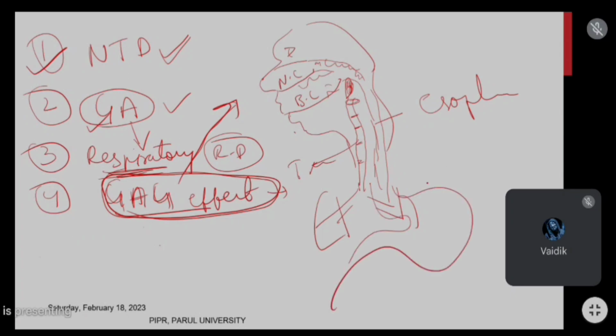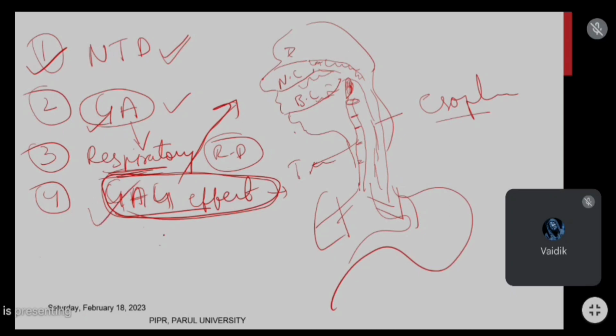The contractions of the buccal cavity and tongue muscles mediate the swallowing of food into the esophagus. This reflex or action is called the gag effect.